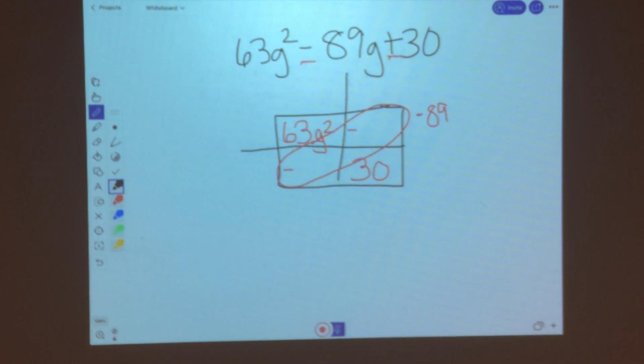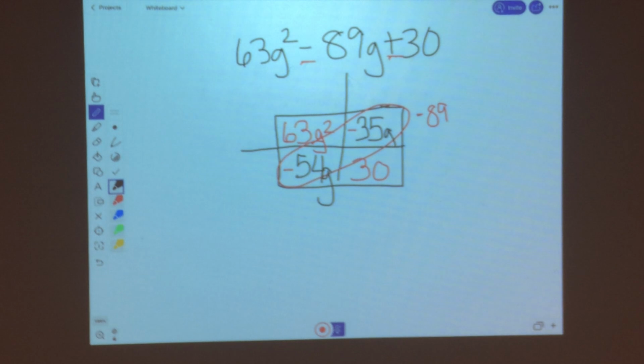So it's a guessing and checking problem. We know 63 is divisible by 7 and 9. Some other numbers divisible by 7 or 9, one of them is 35. So I'm going to put 35g up here, and to get to 89, I need another 54 g's.